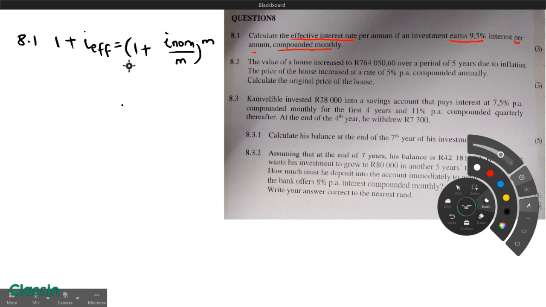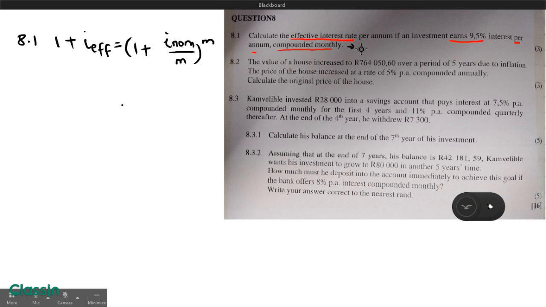Now, here is our formula, but what we need to know is that compounded monthly is the value of M. Because it is compounded monthly, the value of M is going to be 12. We are looking for the effective interest rate, not interest, so we are looking for R effective, and this 9.5% is our R nominal.